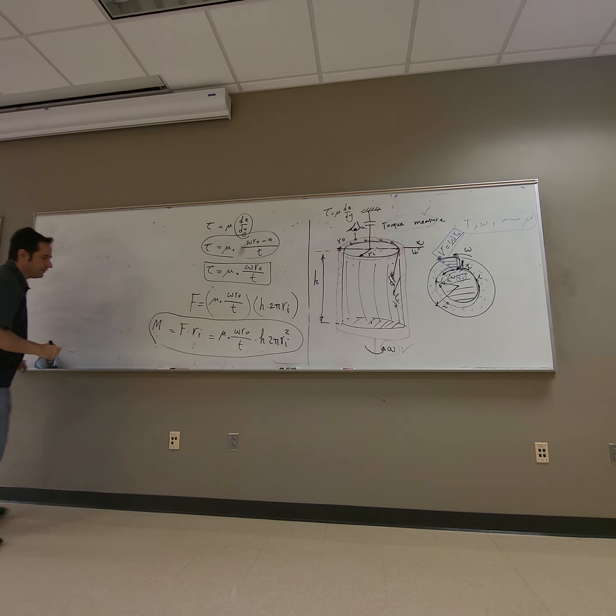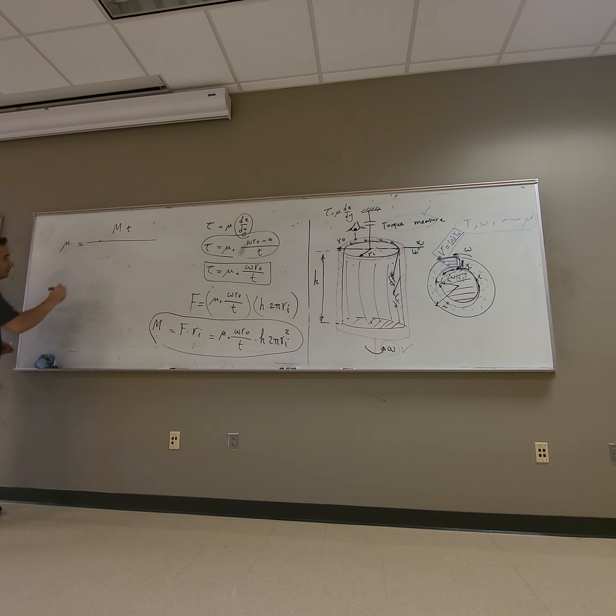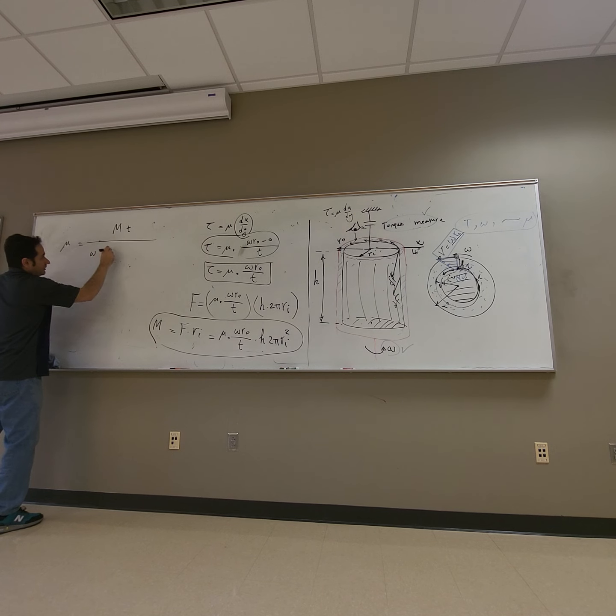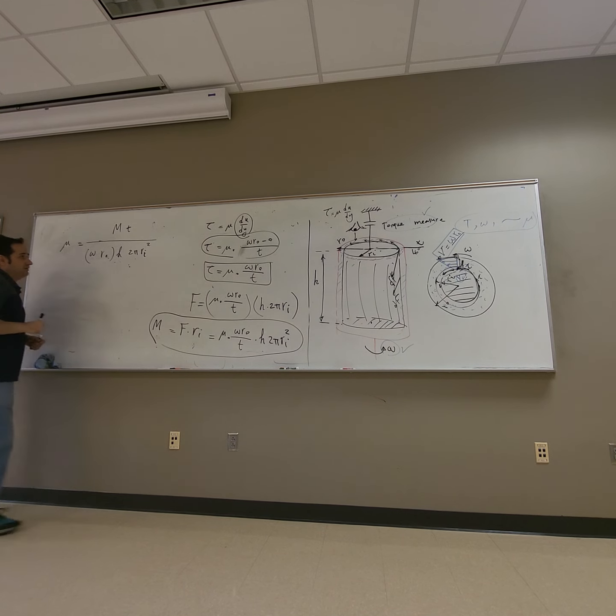So if you solve that for viscosity, what do you get? You get mu is equal to, multiply both sides by T, so you get M times T, divided by omega Ro H 2 pi Ri squared.